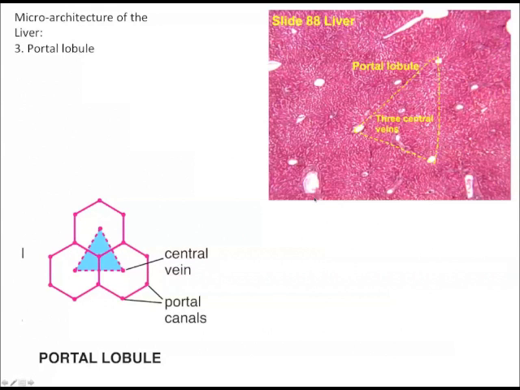Less commonly used is the description of the portal lobule. This is a triangular shaped organization where the portal lobule centers on a portal canal seen here. So 3 central veins on the periphery, and then again, at the center of that triangle is the portal canal.